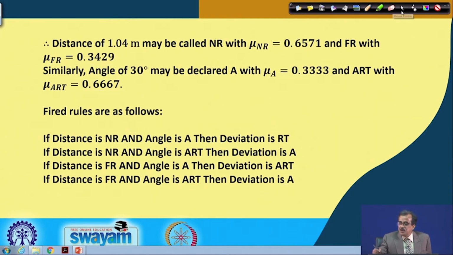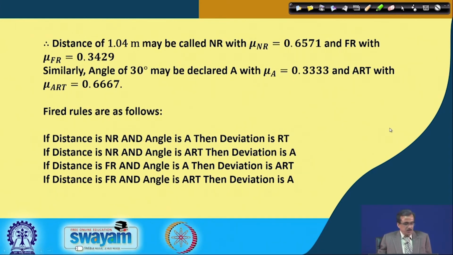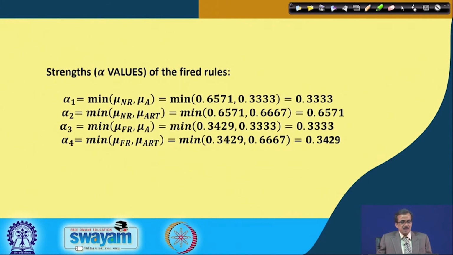Now, let us see how to determine the output corresponding to each of the fired rules. To determine the output of each of the fired rules, the first thing you will have to do is find out the firing strength of each of the fired rules.